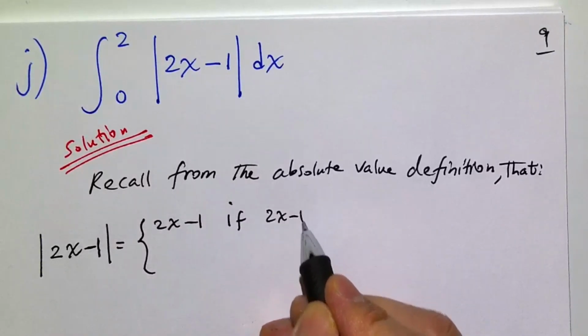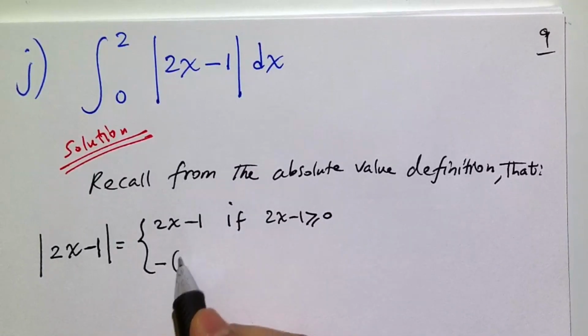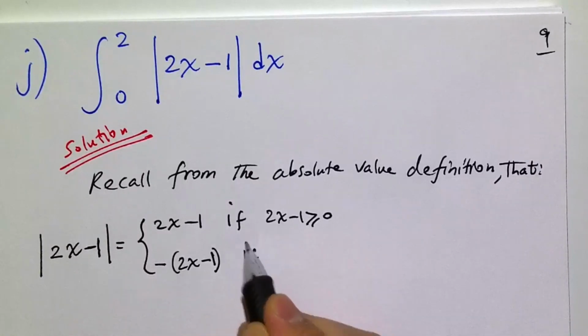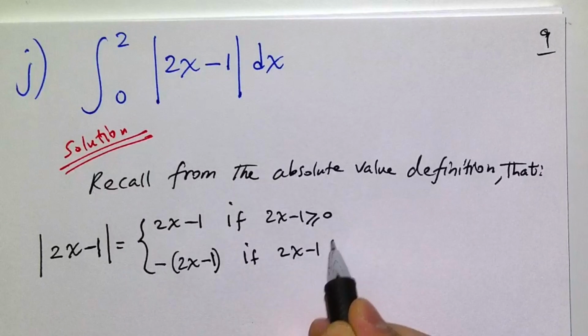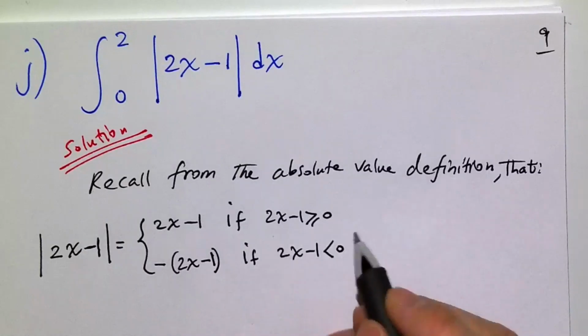So 2x minus 1 greater than or equal to 0. And it's equal to minus (2x minus 1) if 2x minus 1 is less than 0, right? That's just applying the definition of absolute value. So let's simplify this a little bit.